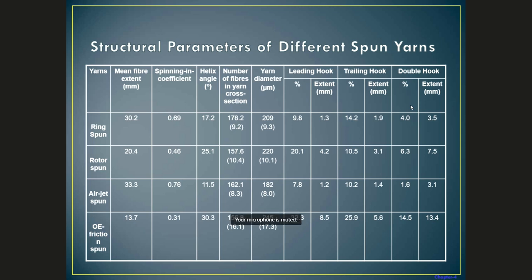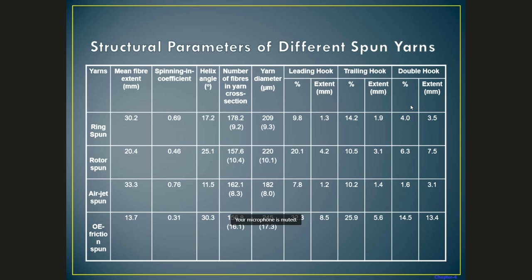Now, we see the helix angle in case of ring yarn is 17.2, rotor yarn 25.1, air jet yarn 11.5, and friction is the maximum at 30.3. Now here you see the moment your helix angle is increasing: imagine if a fiber is straight and you are measuring the strength of the fiber, it will be the highest.